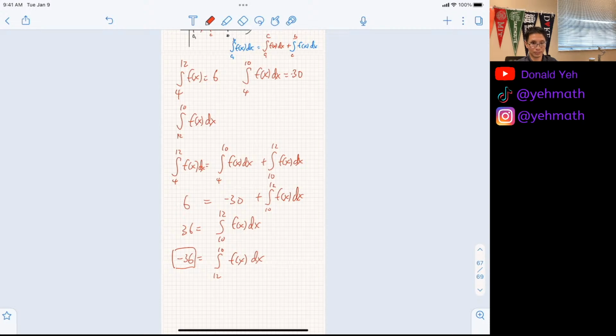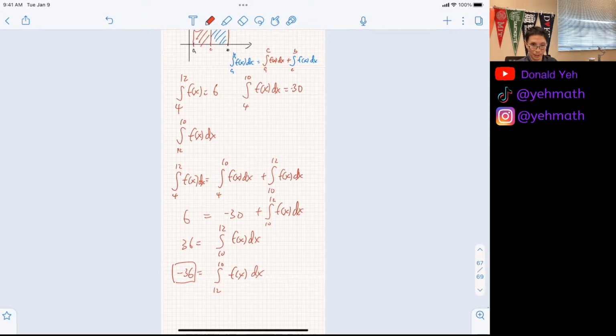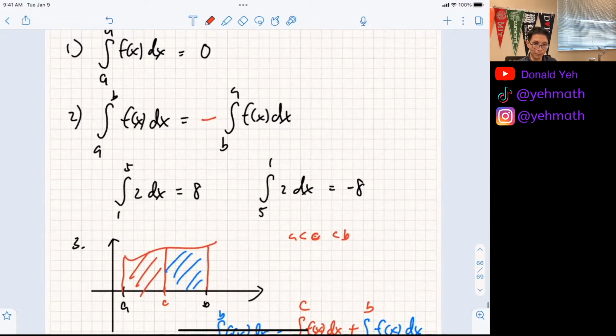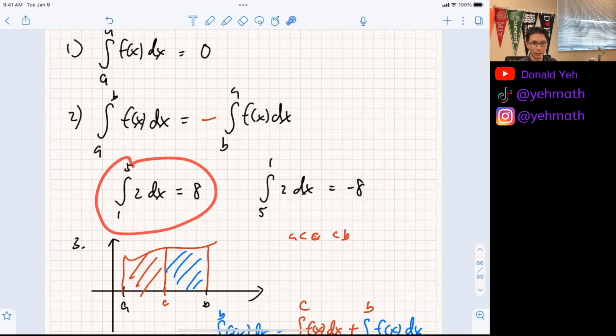Can you explain the second property again? It's very important. If you ever switch the boundary, if you change this boundary, you're going to have to put a negative sign in the front of the next thing. So if I have 1 to 5 is equal to 8, if I change the 5 to 1, then it's going to be negative 8. The boundary switch is going to give you negative.